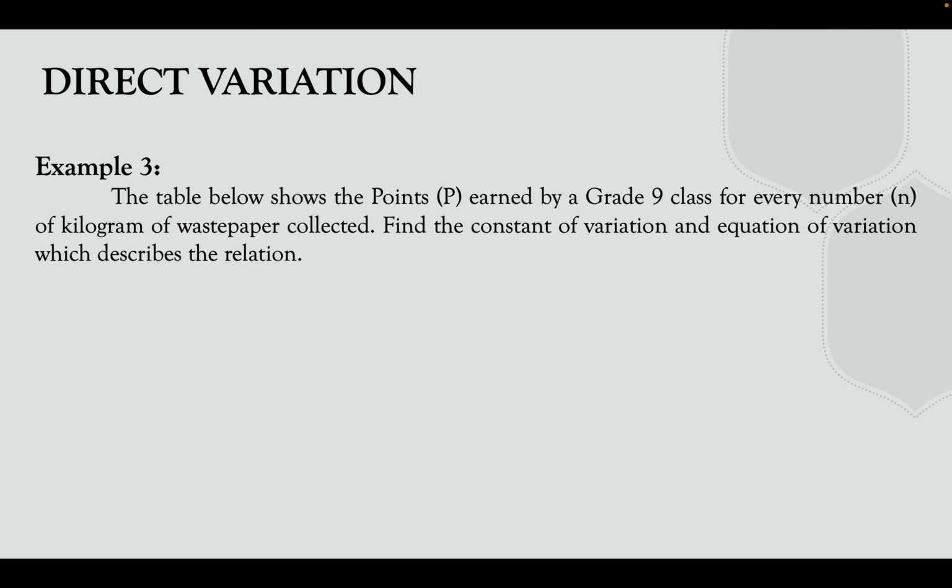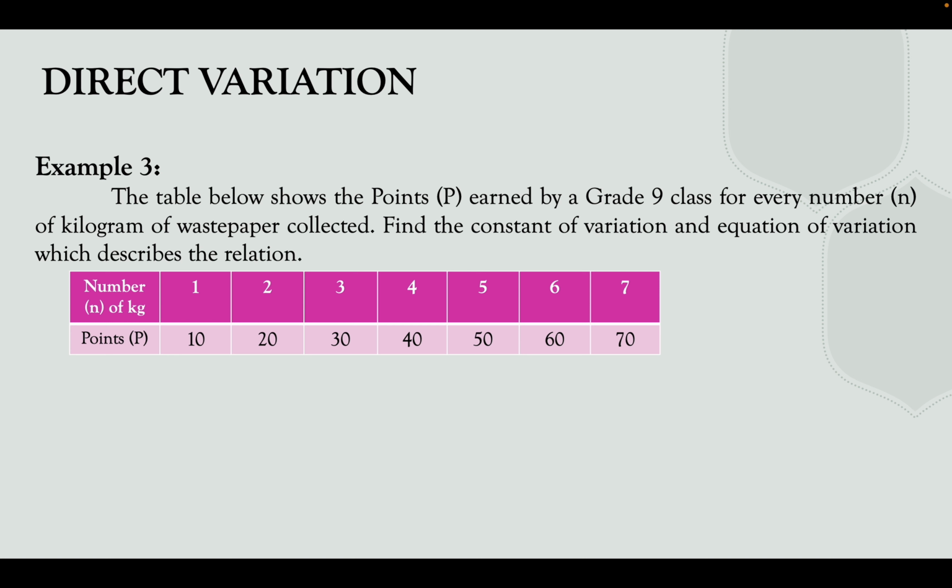Okay, let's have this example. The table below shows the points P earned by the grade 9 class for every number n of kilograms of waste paper collected. Find the constant of variation and the equation of variation which describes the relation. Now you look at the table, the upper row, the number of kilograms, we have here 1 kilogram, 2 kilograms, 3 kilograms, 4, 5, 6, 7 kilograms.